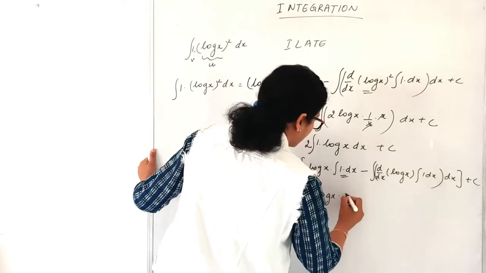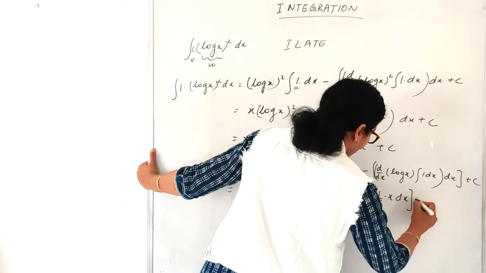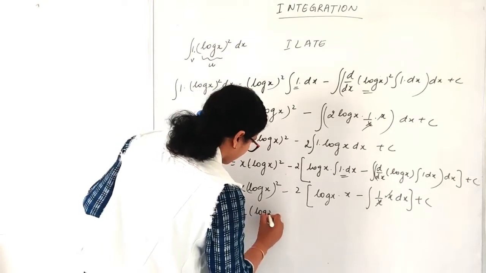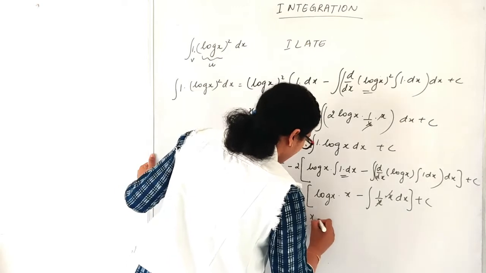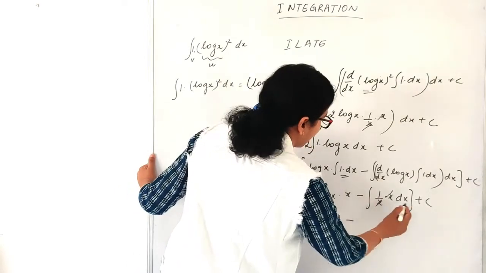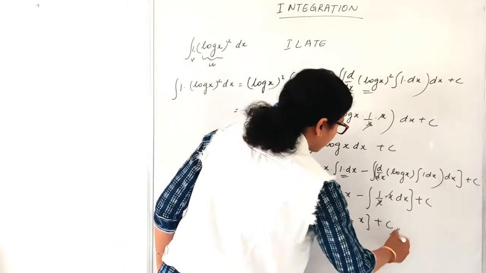Integration of 1 is x, minus 1 upon x into x dx plus c. I am getting here minus 2 x log x minus integration of 1 dx, which will be x, plus c. So this is the required answer.